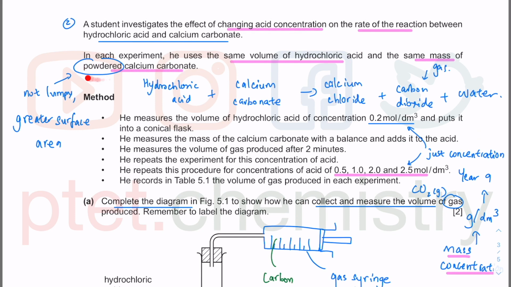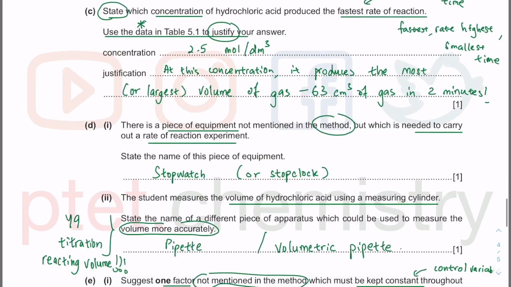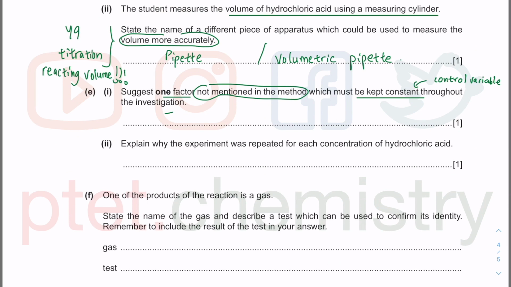They mentioned powder already, so we can't change the surface area, we can't change the mass of that, but they did not say anything about temperature. This is about concentration. Changing concentration means you don't want to change temperature. They did not mention the same temperature. So temperature must be the other factor that is not mentioned so far, but it could affect the rate of this reaction. As you know, as temperature increases, rate of reaction increases as well.